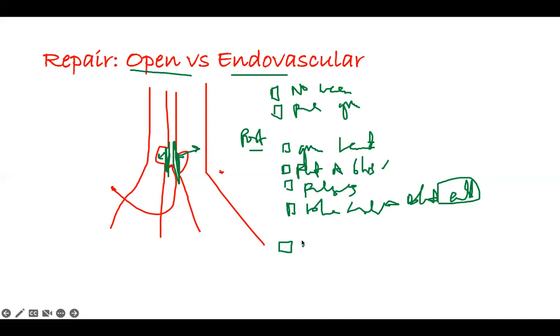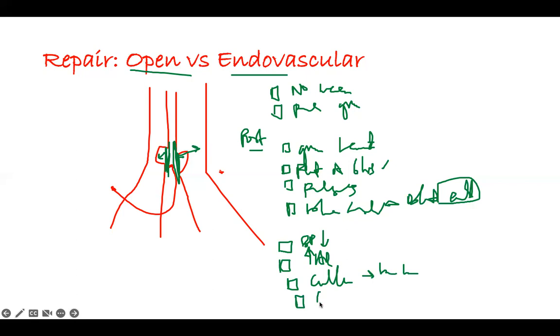You may see hypotension. You may see tachycardia. You may see Cullen sign, which means bruises around the belly button.